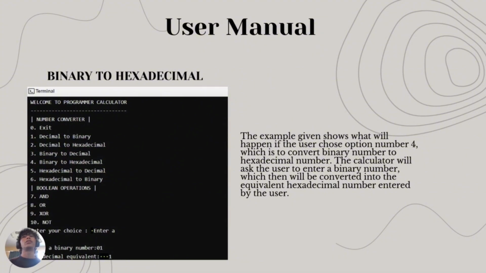When the user chooses option number 4, the calculator will ask the user to enter any binary number, which the calculator will then convert into its hexadecimal equivalent.